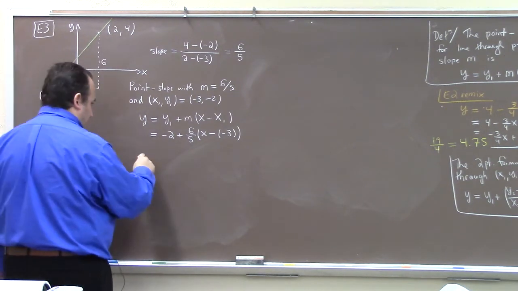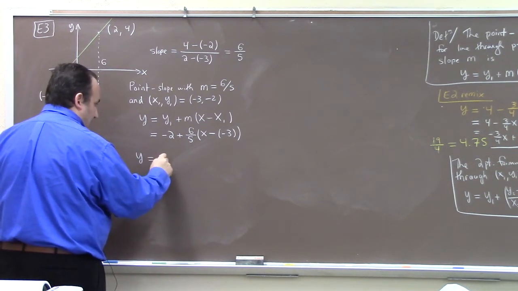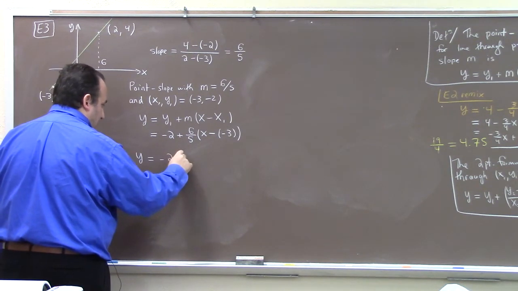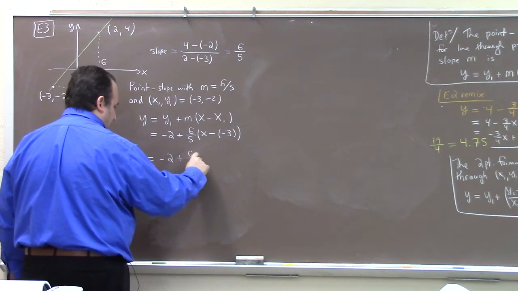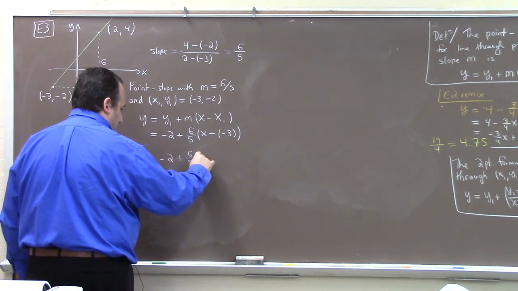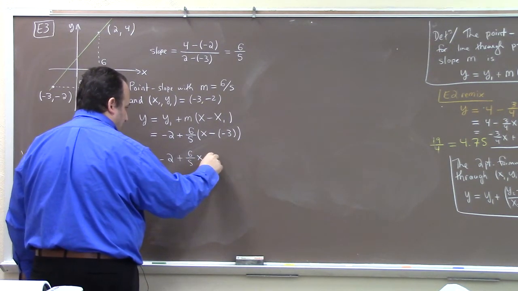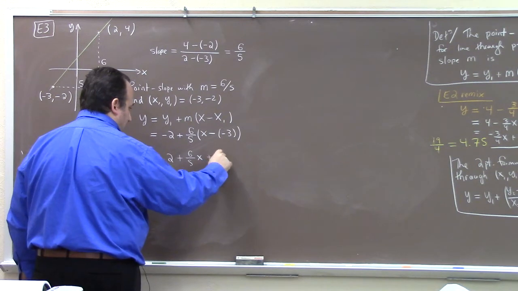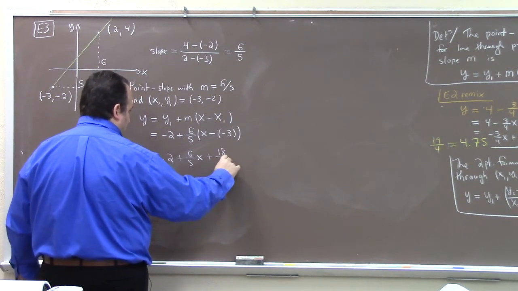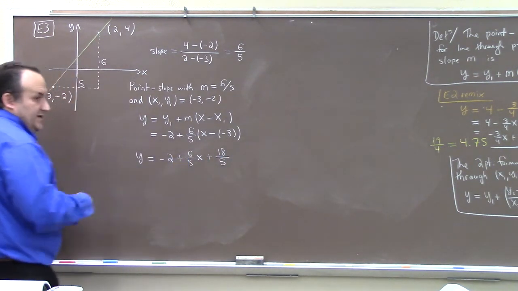In other words, y is equal to -2 plus 6/5 x, and what do I got? Plus 18/5. 6 times 3 is 18, right?